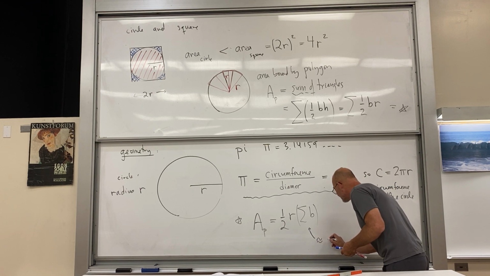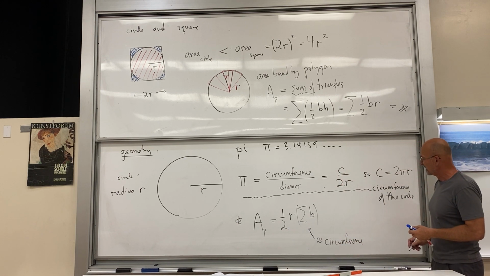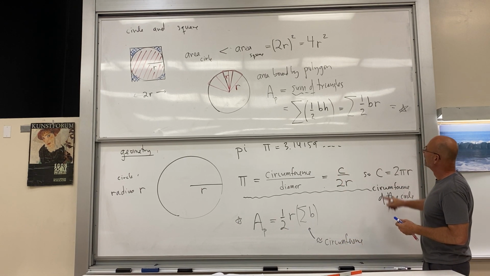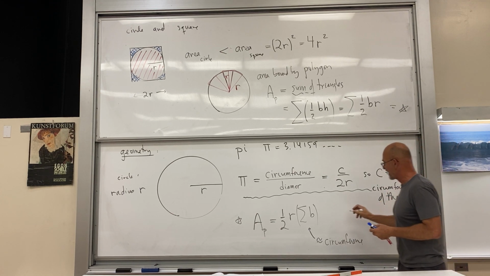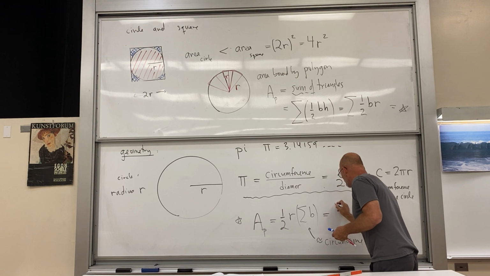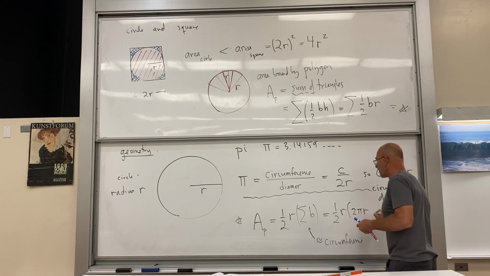So that's an approximation sign. Circumference. And the circumference is equal to 2 pi r. Okay? So what I end up with is 1/2 r times 2 pi r.